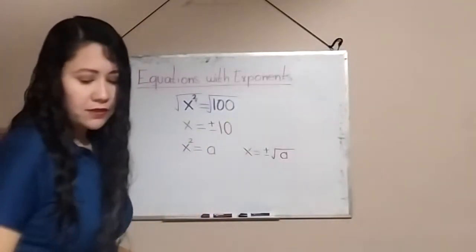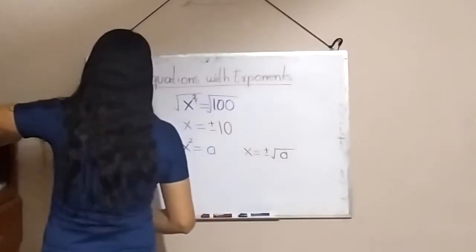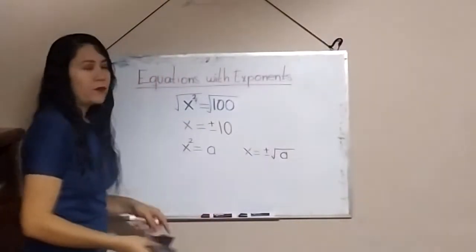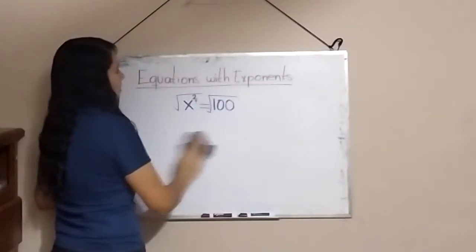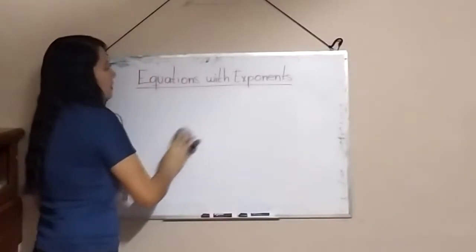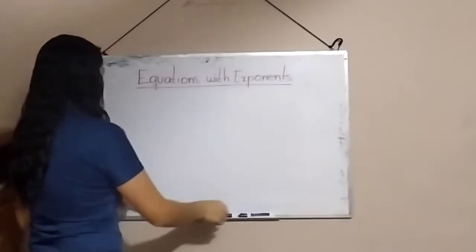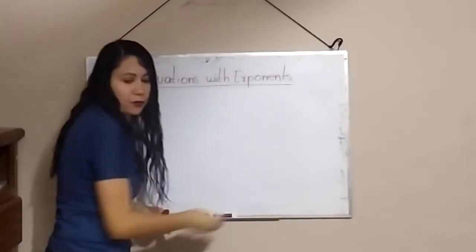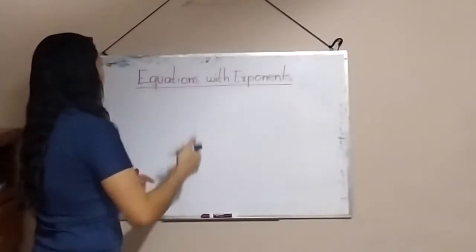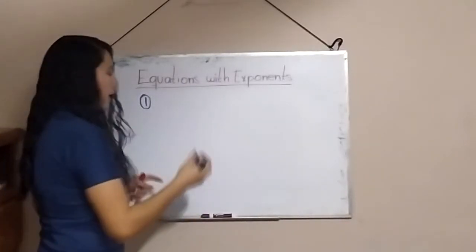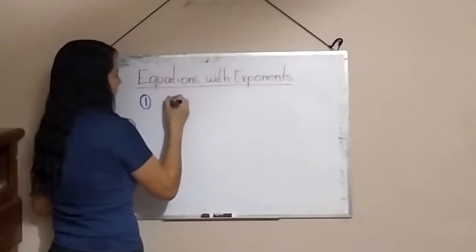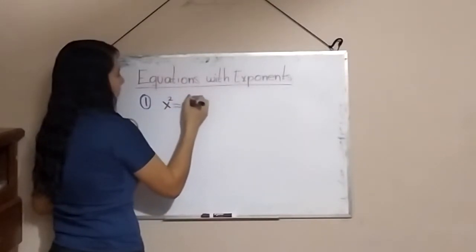Now let's solve some exercises. If you are watching the PowerPoint presentation along with this video, it is on your slides. It is the skill check number 1. Our first exercise is x squared equals 81.